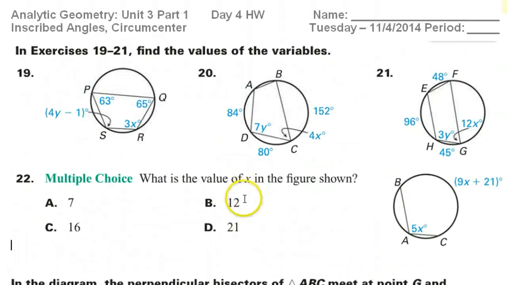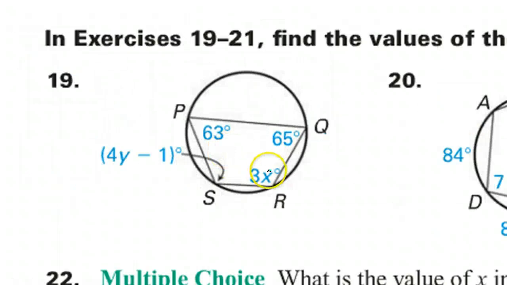Okay, number 19. Alright, we have learned that if you have a quadrilateral that is inscribed in a circle, meaning the vertices are on the circle, the opposite angles are supplementary. That means the opposite angles should add up to 180 degrees. So 3x plus 63 should equal 180.